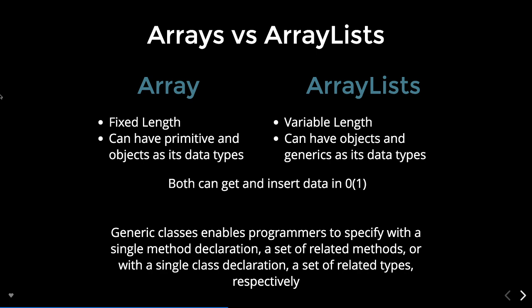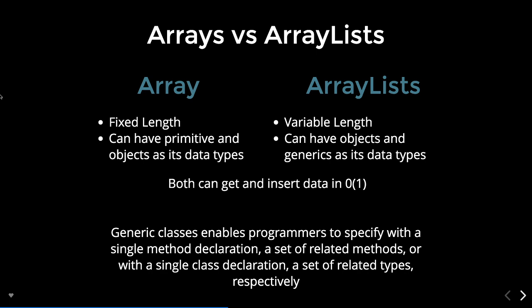While for the array list, it can have an object and generics as its data type. So what is this generics? Generic classes enables programmers to specify with a single method declaration a set of related methods, or with a single class declaration a set of related types respectively.